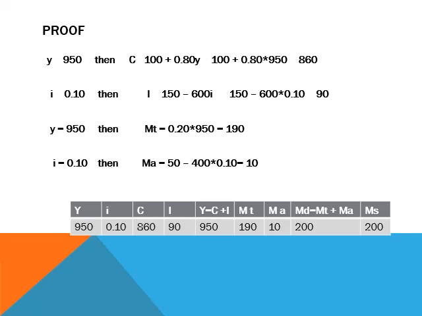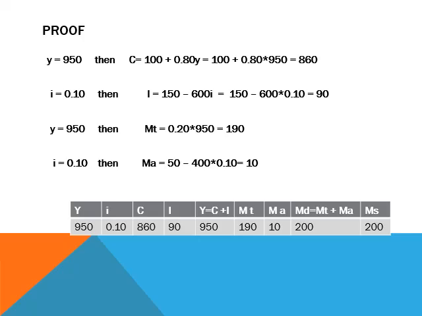The proof: y equals, as given, 950, then c equals 100 plus 0.80 instead of y, 950, so c equals 860.